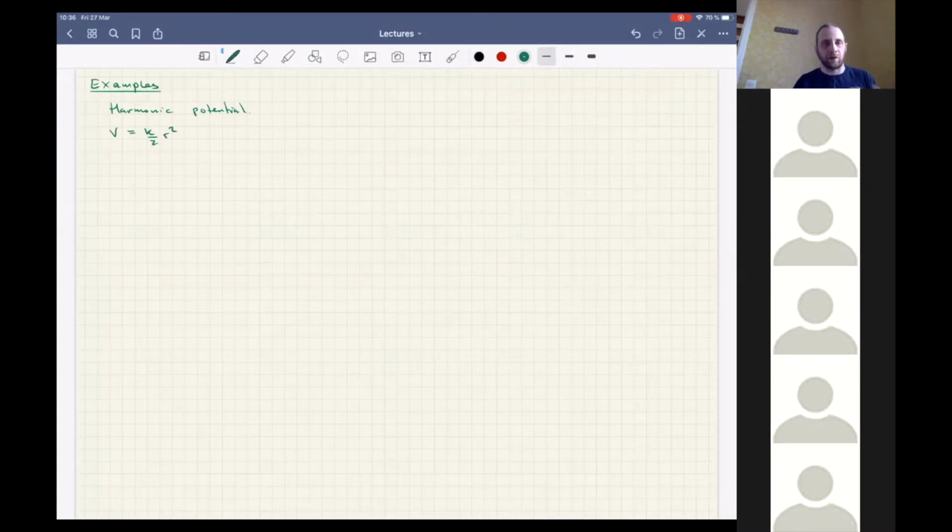This would be, for example, where you have a force that is linearly proportional to the distance that you are from the center.